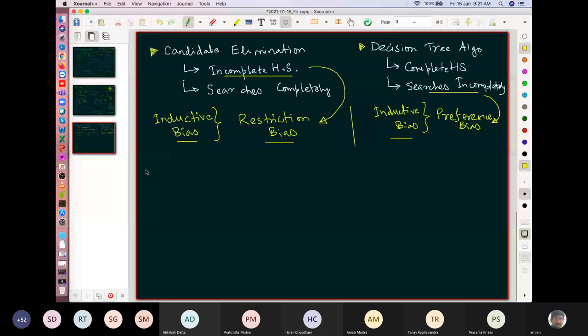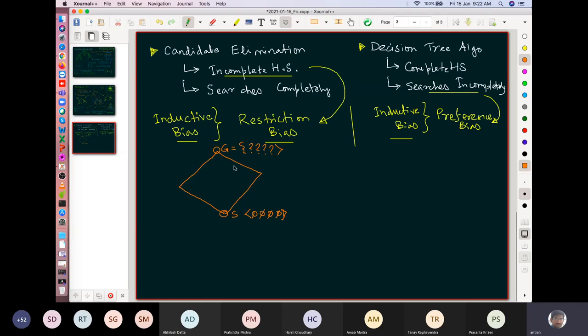final answer. Now, in concept learning, when you see the candidate elimination algorithm, you will find it has a whole hypothesis space to start with initially, from the specific to the general boundary. Our general boundary is everything can be possible. Our specific boundary is nothing can be possible.